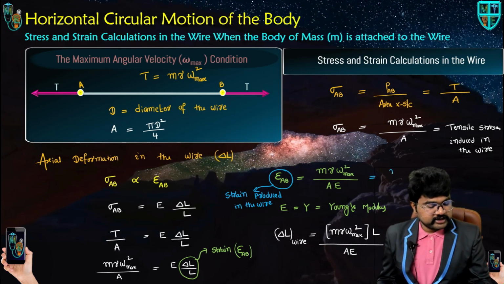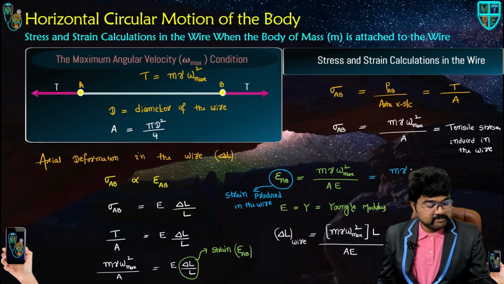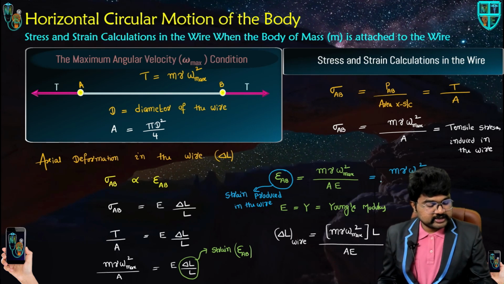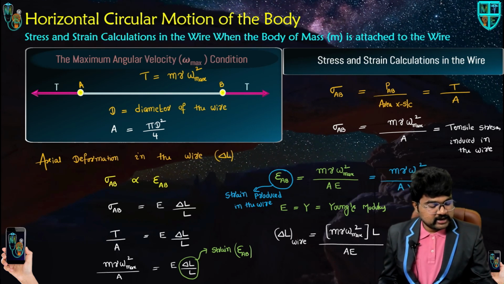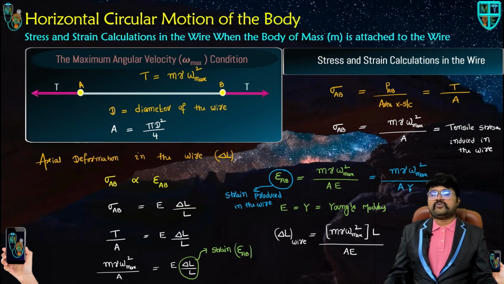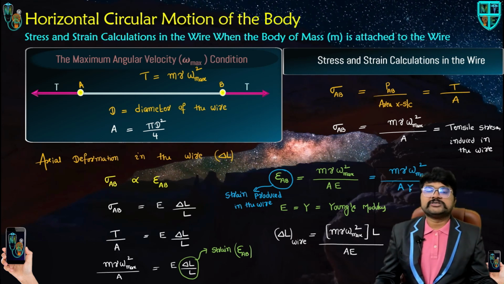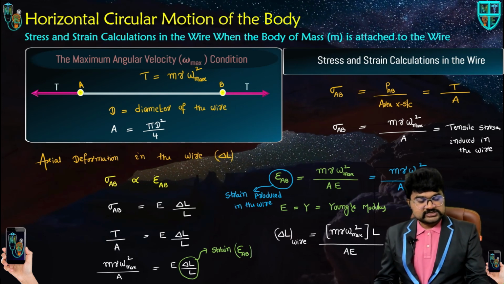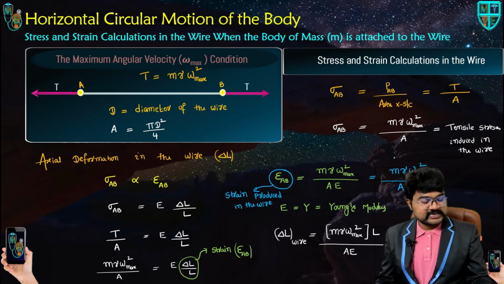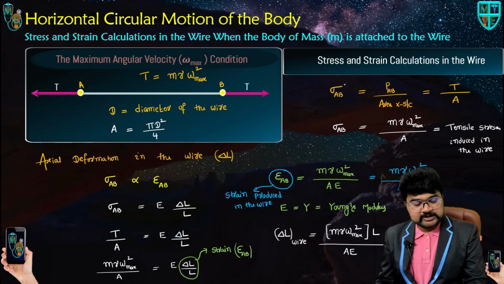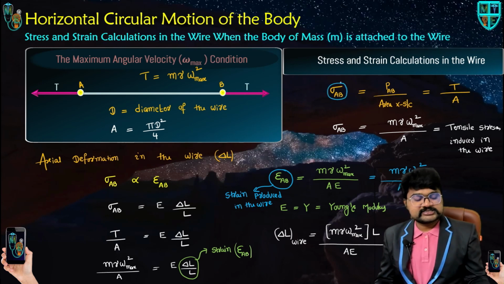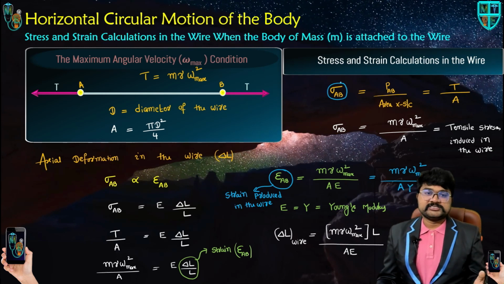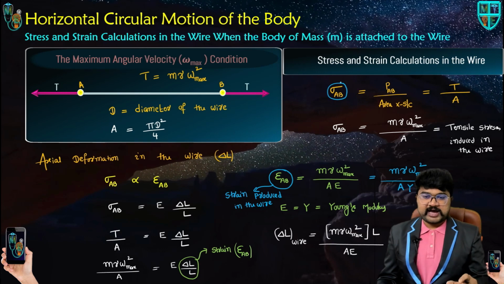So if you are familiar with this, you can write m r omega maximum square by A Y also. Y and E both are Young's modulus of elasticity. So this is the tensile stress induced in the wire. Sigma AB is the tensile stress induced in the wire. Epsilon AB is the strain produced in the wire.